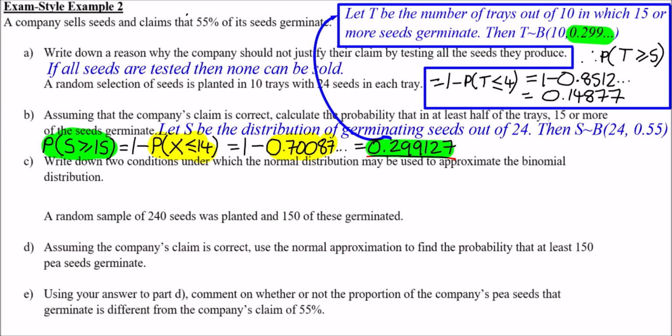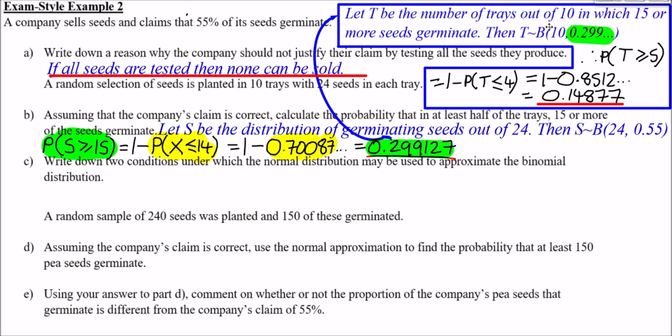So B was quite a meaty question part in itself. So that's B, and above, of course, that was A. So let's now have a look at question C. For C, we need to write down two conditions under which the normal distribution can well be used to approximate the binomial distribution. So this is just a memory test, essentially, to regurgitate in the exam.